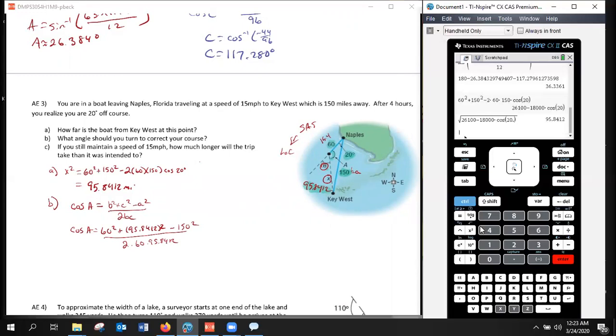All right, into the calculator. I'm going to do this all as one big fraction, save myself a little time, save yourself a little time too.